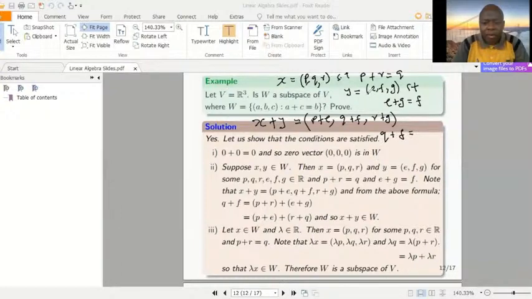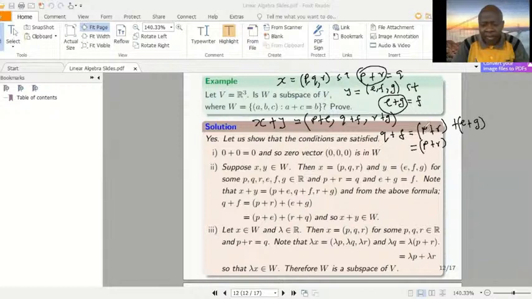Now, using this formula, what is Q? Q is P plus R. And what is F? F is E plus G. Now, using commutativity and associativity, we rearrange these elements.